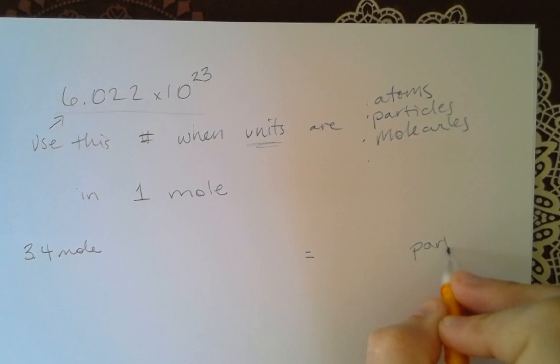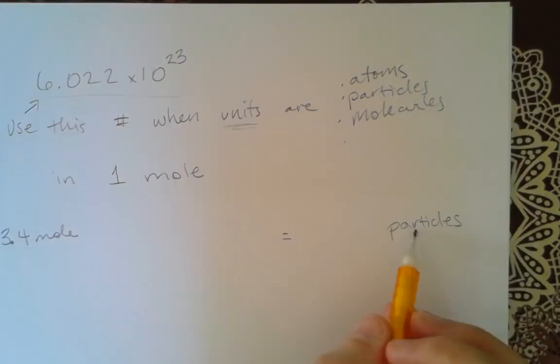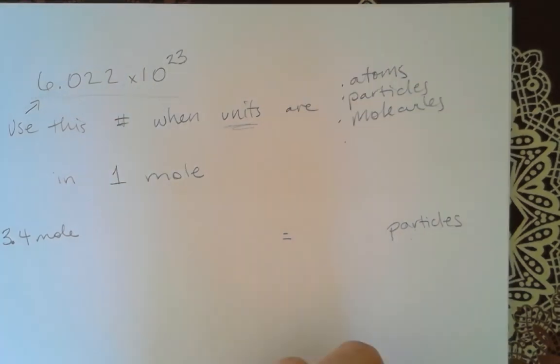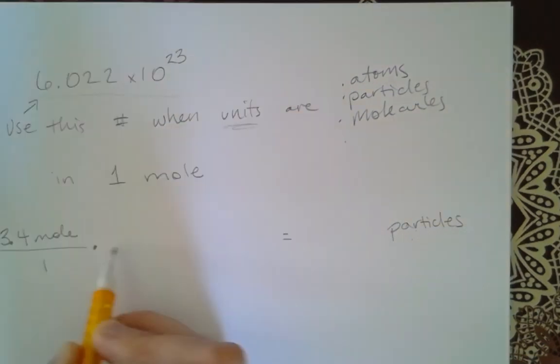So your question will say, how many particles do you have if you have 3.4 moles or something like that? And do all the units all the way across first. So we figure out what goes here.